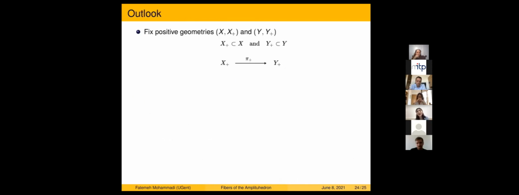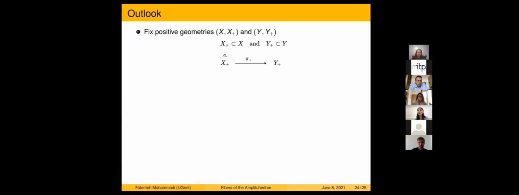Okay, and now going back to the general picture, let me just recall what we saw in the beginning. The general picture that we would like to have is that you have two positive geometries, x plus and y plus, and you have this map from the positive part of x to the positive part of y.